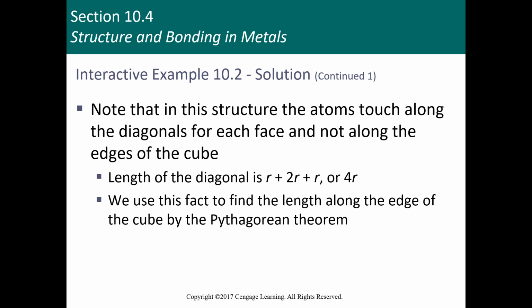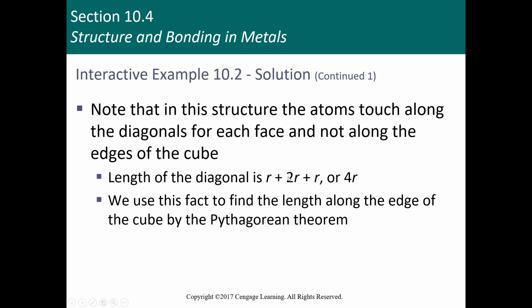Alright, now the length of a diagonal would be r, the radius, plus 2 radii plus another radius. This would be half the length of a sphere, or in this case, silver atom.